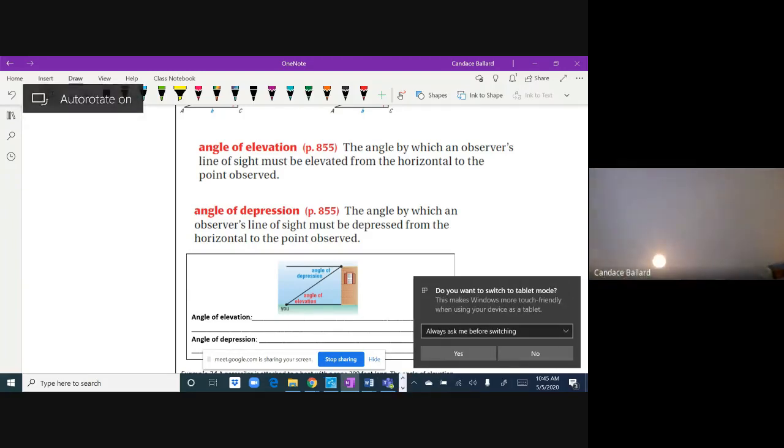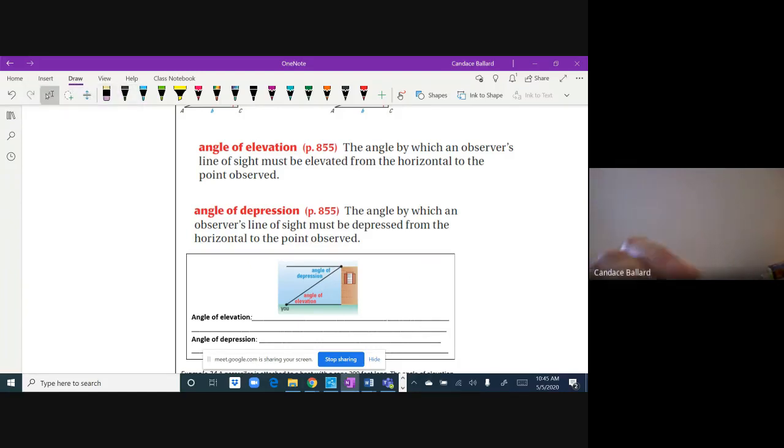I'm flipping my screen so you guys will probably see my ceiling and hopefully not up my nose. So angle of elevation, now that you've gotten a chance to write that down, is the angle by which an observer's line of sight must be elevated from the horizontal to a point. It kind of goes back to parallel lines from geometry. It's when you're from a horizontal line and you're going up.